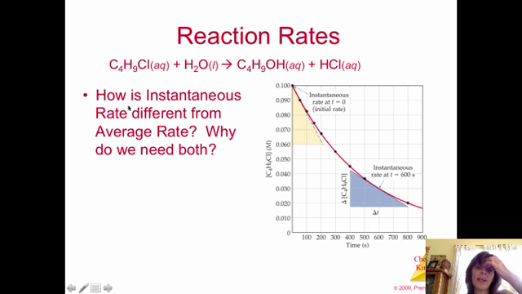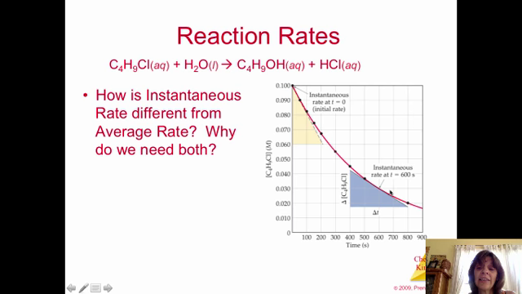If you wanted to know an instantaneous rate, that's different from the average rate because the average rates are over a certain amount of time, and even with that amount of time passing, the rates are changing. So you're going to get this curved line with the average rates changing.